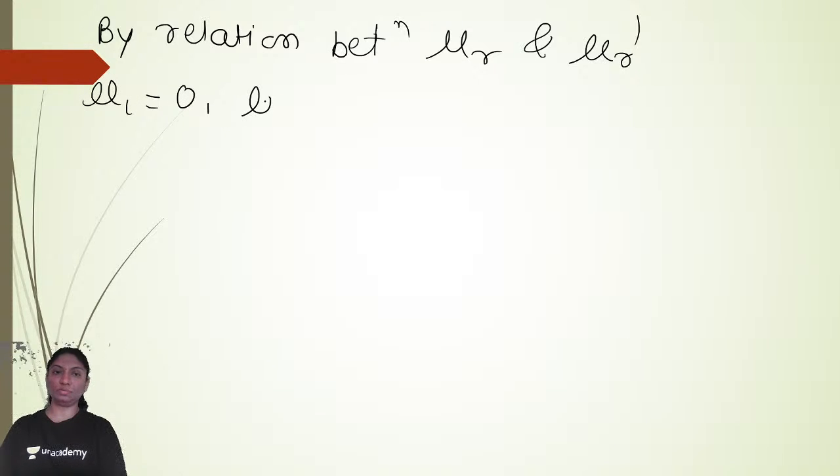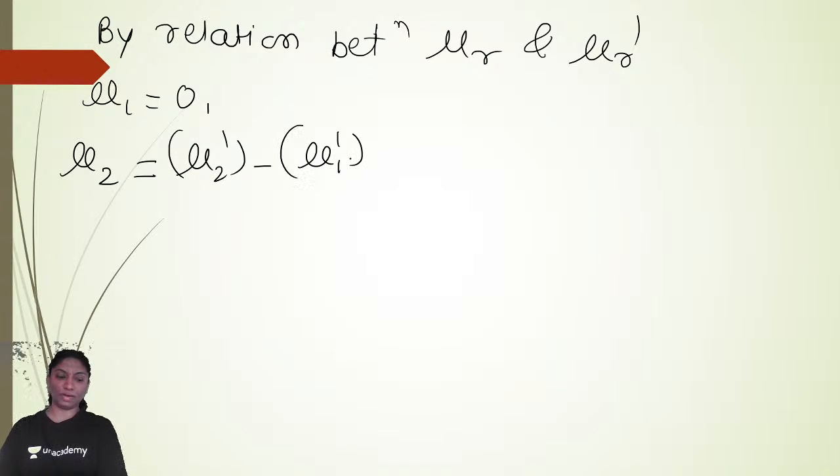I'm writing all these things one by one so that it is easy to calculate. Mu2 is equal to mu2 dash minus mu1 dash bracket square.